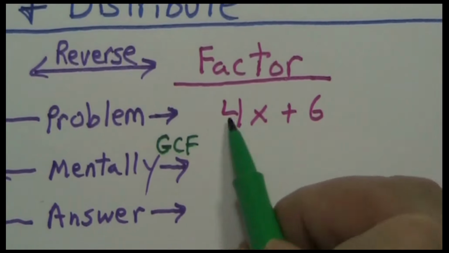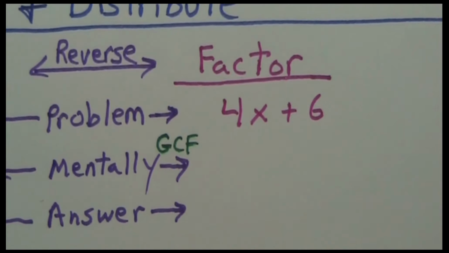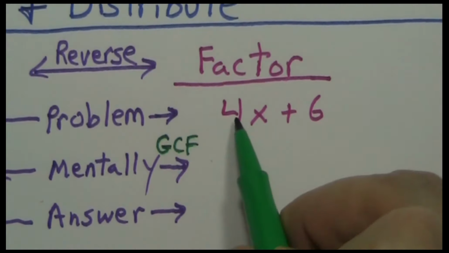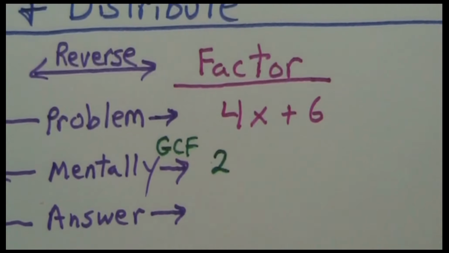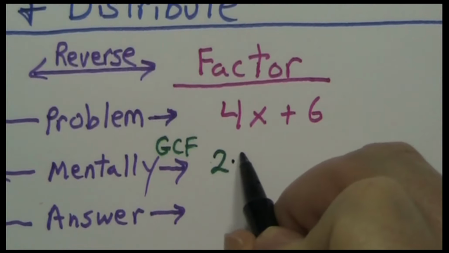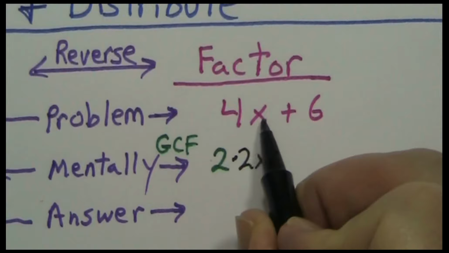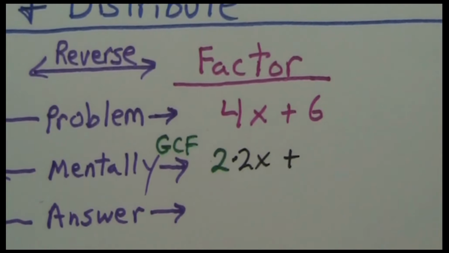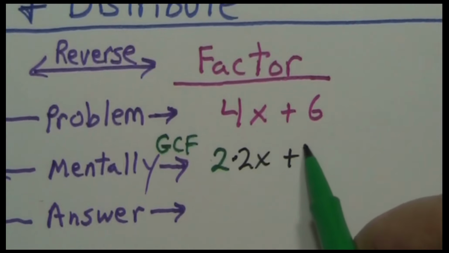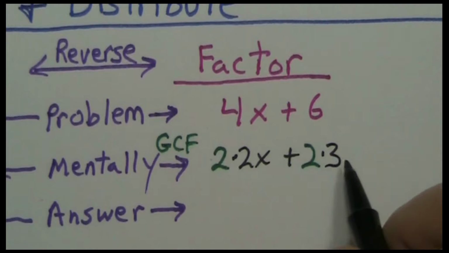Well, that would be 2. 2 goes into both 4 and 6. 2 goes into 4 twice, right? 2x. Isn't 2 times 2x 4x? And then isn't 2 times 3 6?